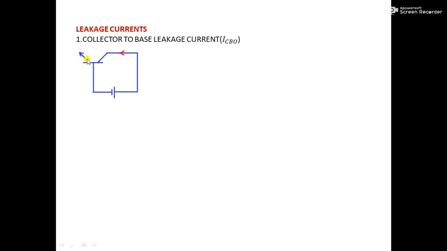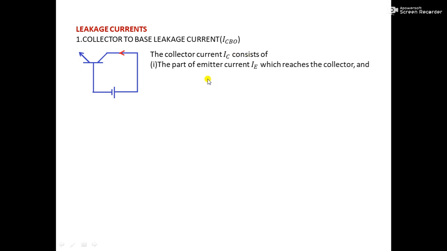This is an NPN transistor. So the collector current IC consists of the part of the emitter current IE which reaches the collector, and the collector base leakage current ICBO or ICO.